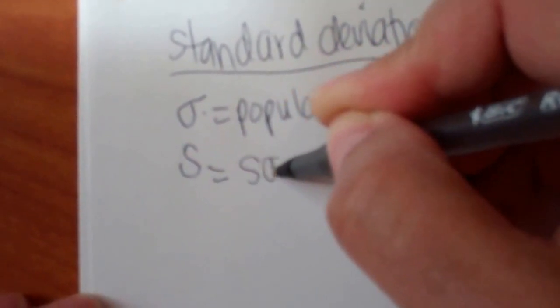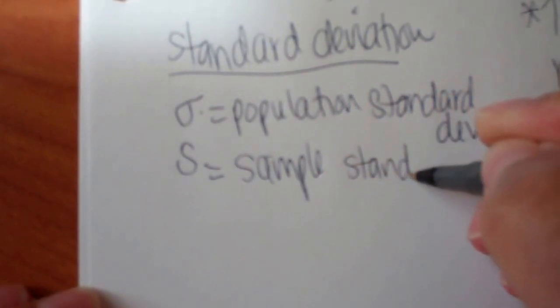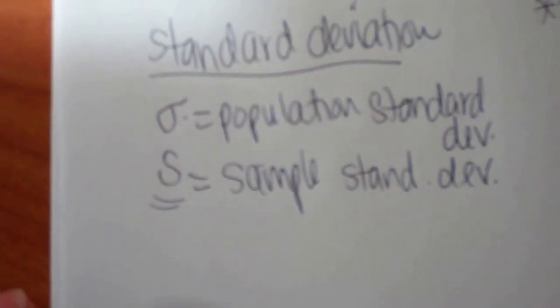And S comes from your sample. This is the sample standard deviation. Because I obtained a sample of Cheeto bags and opened them all up and counted the Cheetos, I'm going to look at S. That's why I wrote down that our sample standard deviation was 6.57 Cheetos.